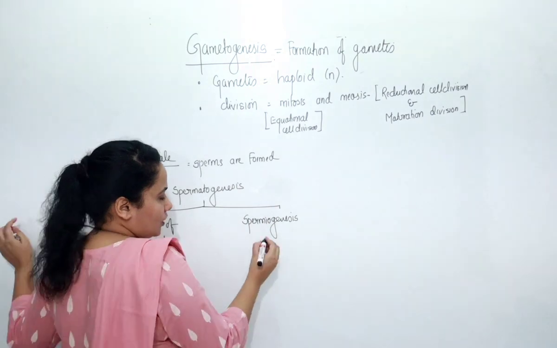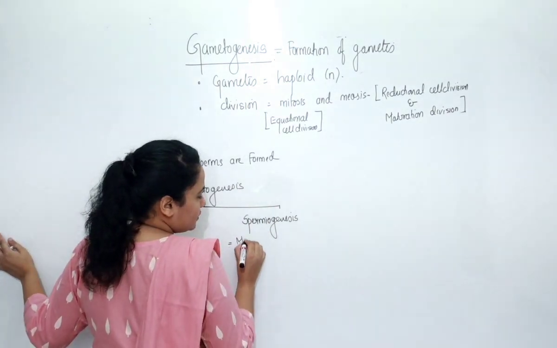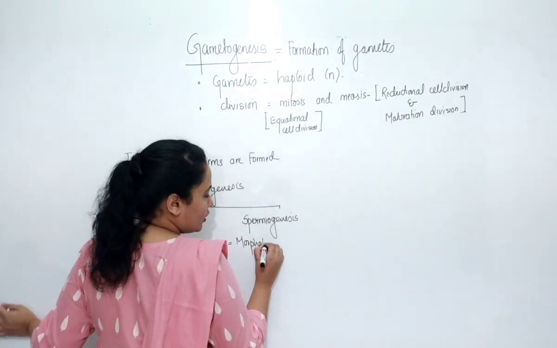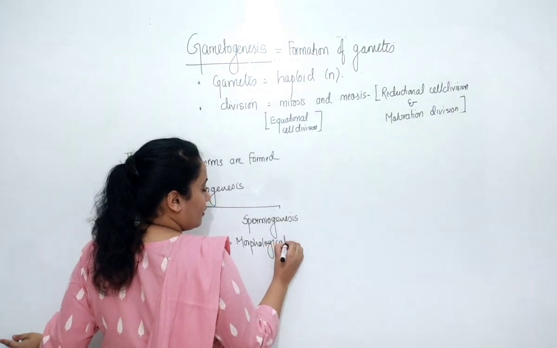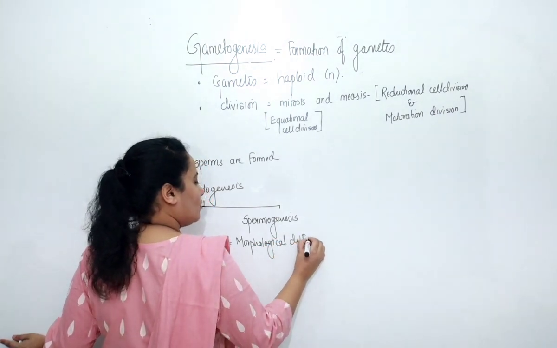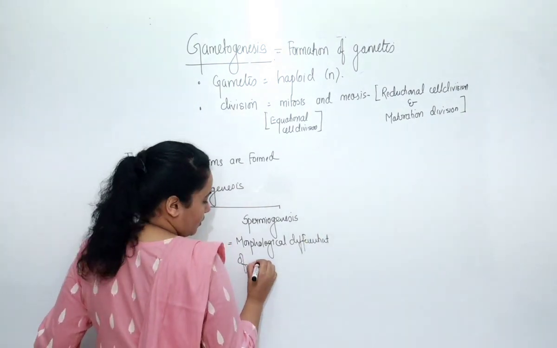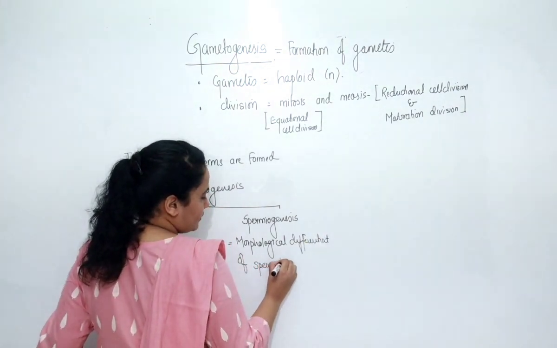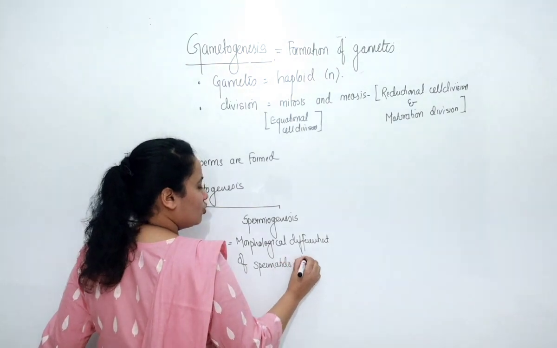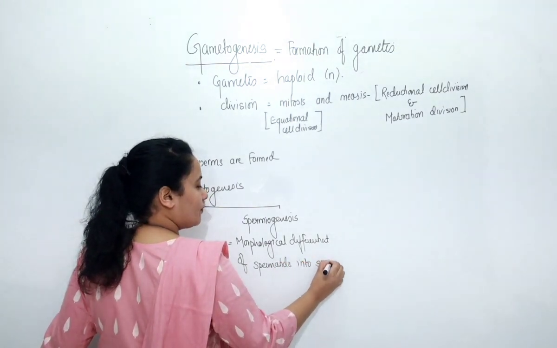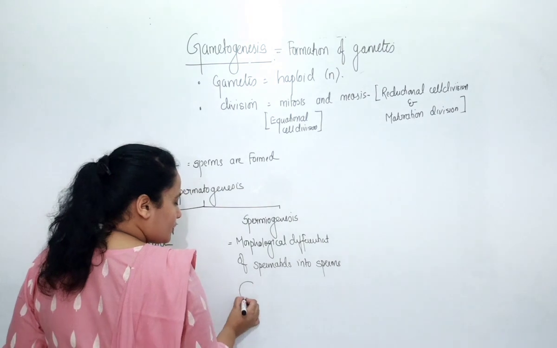So, spermiogenesis is the morphological differentiation of spermatids into sperms.